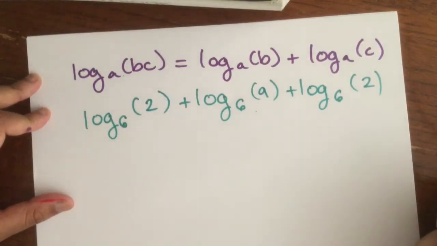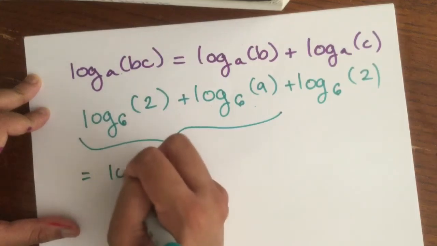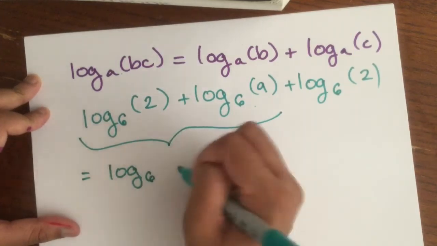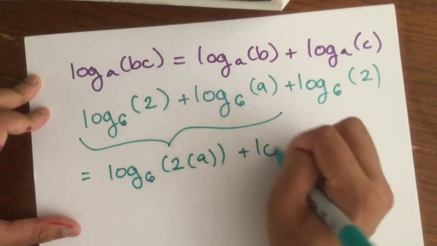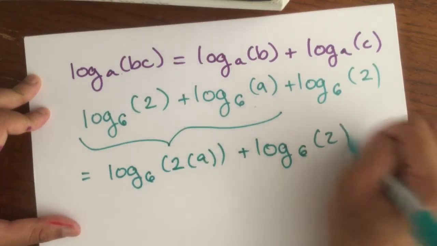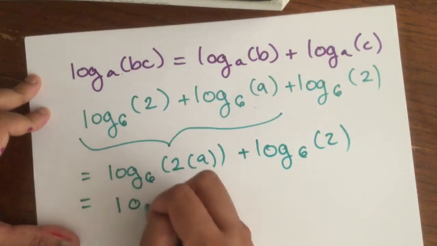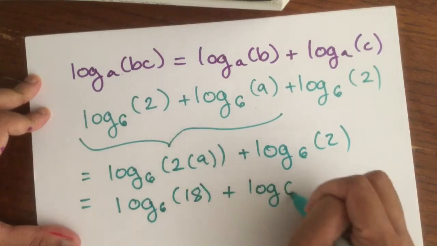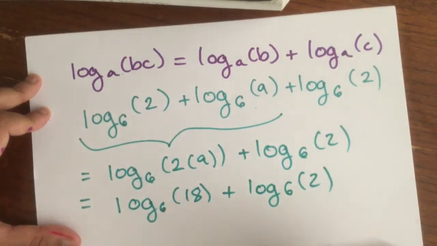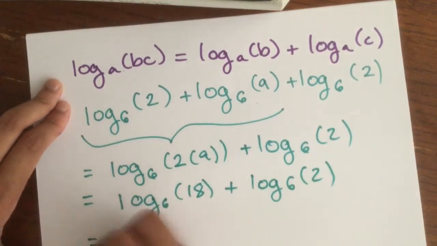But let's use our log law. We know that we can combine these two to get log base 6 of 2 times 9 plus log base 6 of 2. So that's a little better. But not really. Log base 6 of 18 plus log base 6 of 2. We still don't really know either of these answers without a calculator and a change of base.